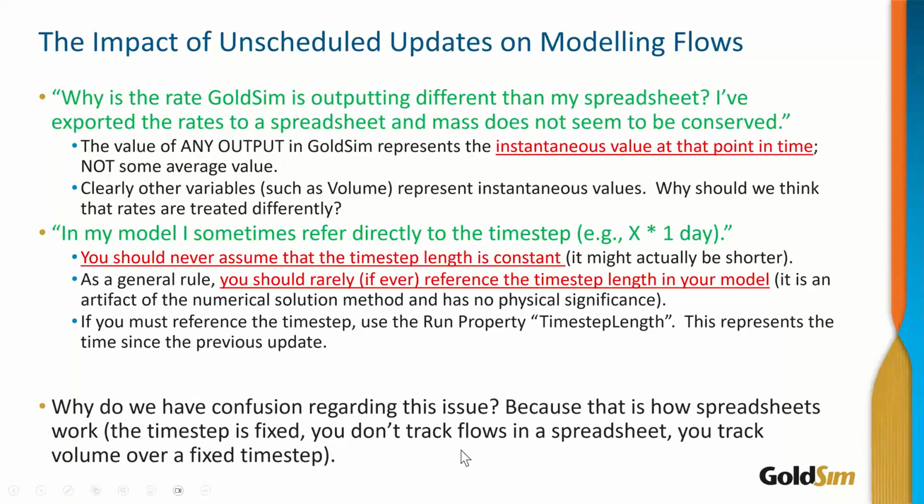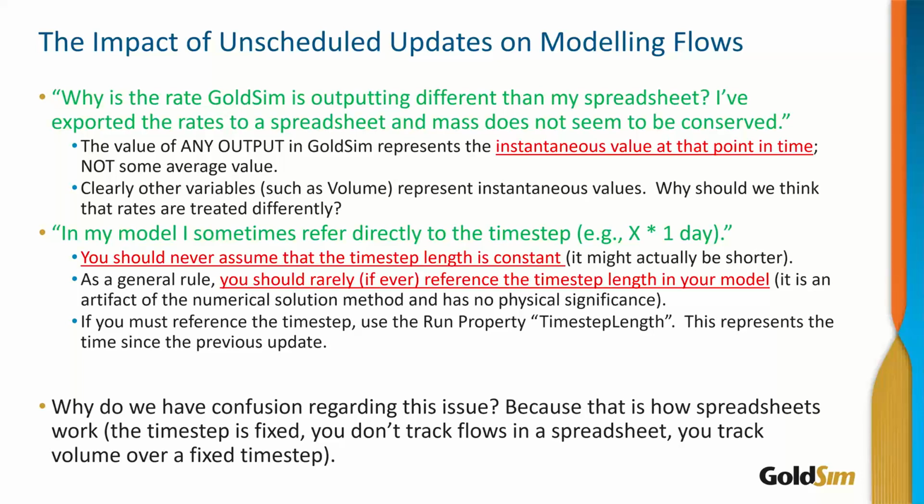Now, why do we have confusion regarding this issue? We scratched our heads about it many times, and I'm convinced the reason is that's how spreadsheets work. In a spreadsheet, the time step is fixed. You don't track flows of material in a spreadsheet. You don't calculate flow rates. What you calculate is a volume over some fixed time step. You have a row for every time step, and then you have how much volume moved over that time step.